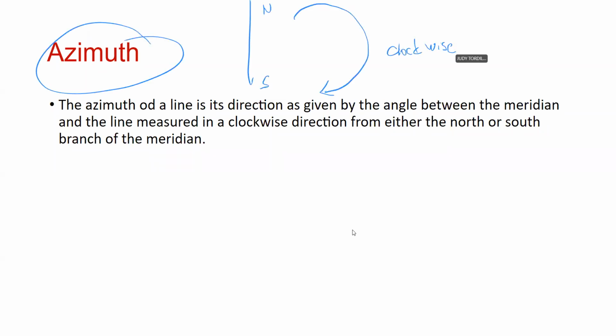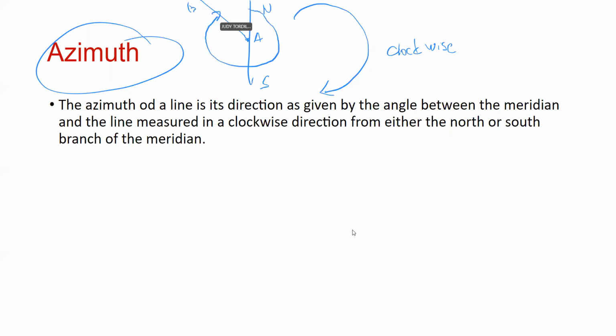So let's say we have here the line AB. So kung gusto mong mahanap yung azimuth ng line AB, let's say you need to find the azimuth of line AB with a reference to north. So from north papuntang doon, so yun yung azimuth natin.